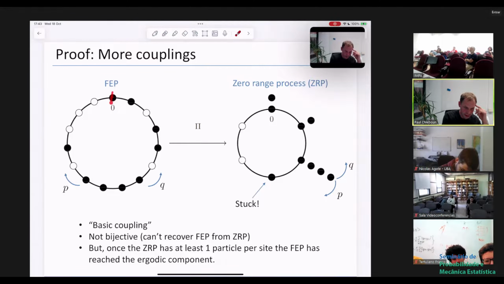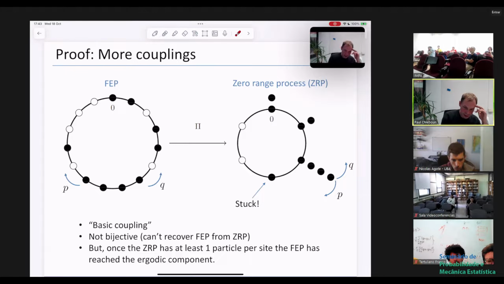So we start with the closest particle to zero, say, and then the number of particles on site zero in the zero range process is the number of particles to the right of this particle in the facilitated exclusion process. So we look at these blocks and we just stack them up, and that gives us a zero range process. Here we had an empty site corresponding to a new site in the zero range process. And then we have two particles, which corresponds to this stack of size 2. Another empty site corresponds to a new site in the zero range process. Then 4 particles in a row corresponds to a stack of size 4, etc. Hopefully this is clear.